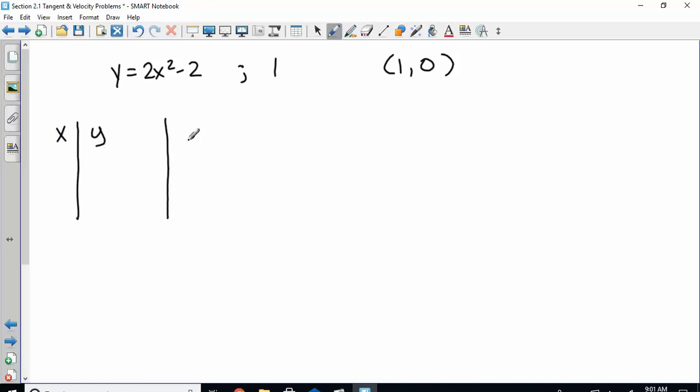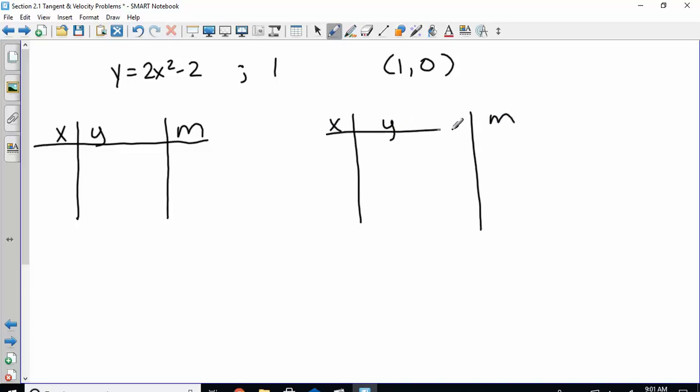You're going to have an x, a y, and an m for each table. All right, I want you to use x's smaller than 1 in one table and x's bigger than 1 in the other. But they need to be approaching 1.